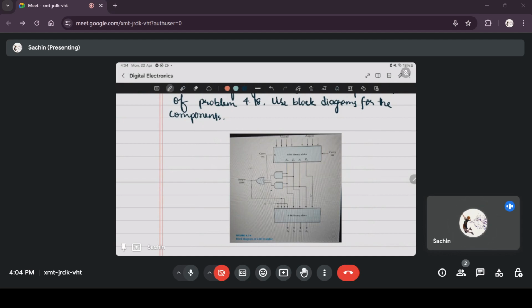So the logic here is that if the sum of two numbers exceeds 9, then you can get the first digit of the BCD number by adding 6.